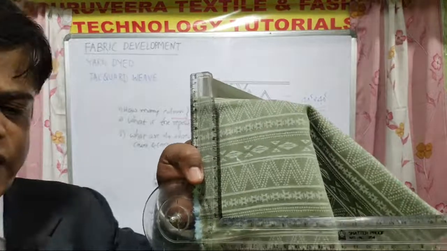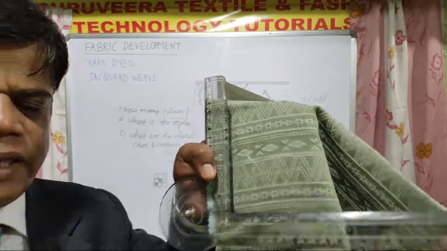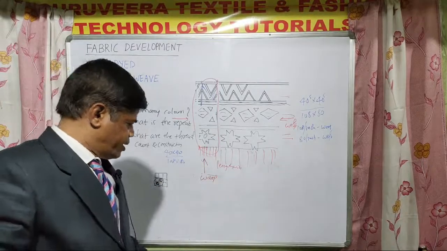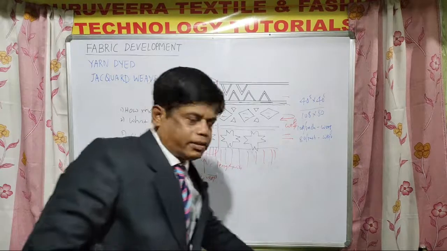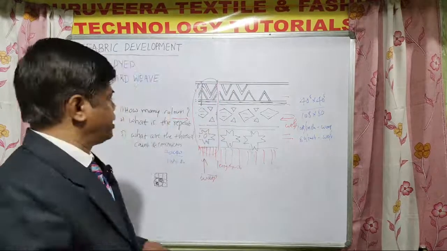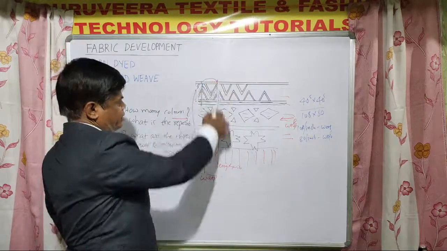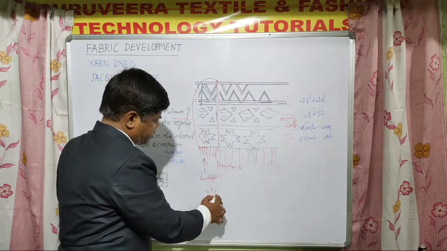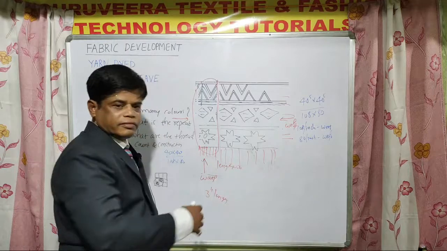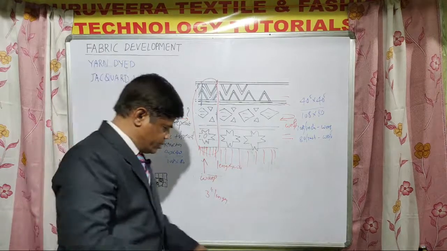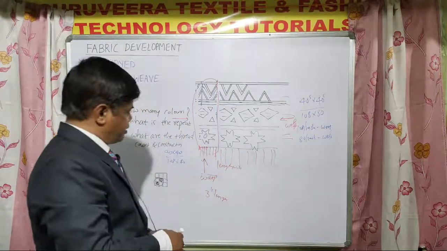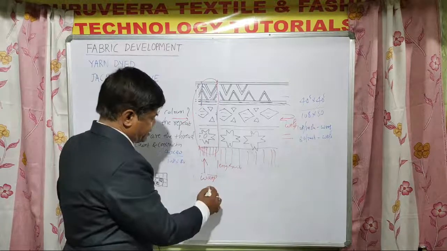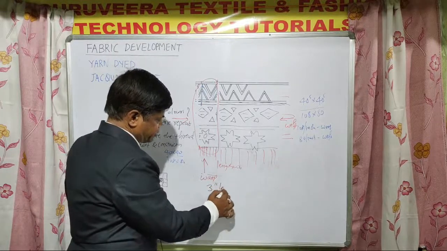Hope you are understanding. Okay. See, practically, by thumb rule, if I check, this is a 3 inch repeat. 3 inch length. Hope red is not appearing on screen. 3 inch repeat size, 3 inch length.